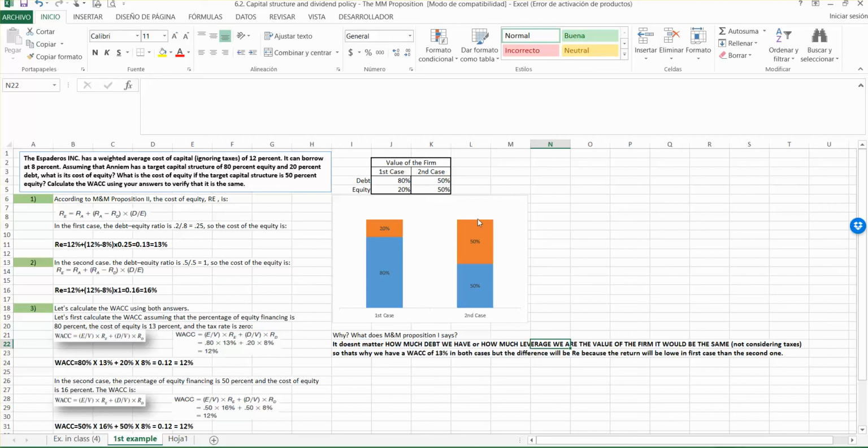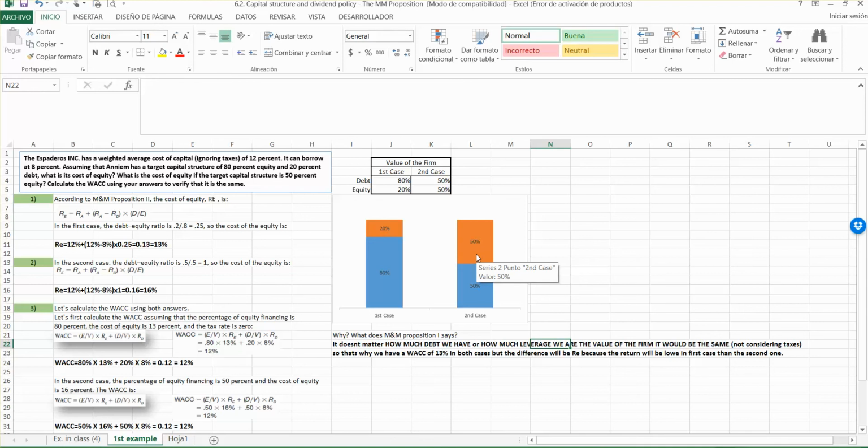The value of the firm will be the same, the 100%, whether we include the leverage, the debt, or not. That's all we can say about proposition 1.